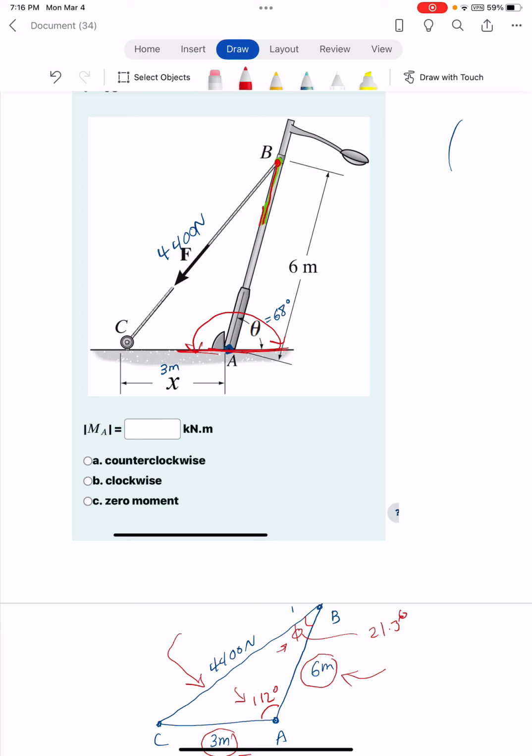One component along the cable is going to be 4,400 cosine phi, and one force is going to be perpendicular, that's going to be 4,400 sine phi. You can see that at the moment A, this force 4,400 cosine phi has no moment because it is on the same line of action as A. The only one that has an effect is 4,400 sine phi.